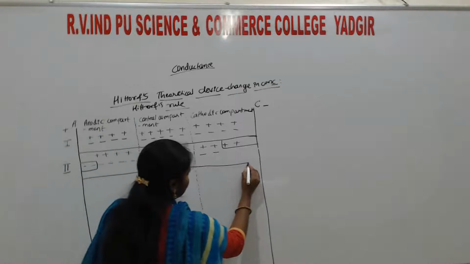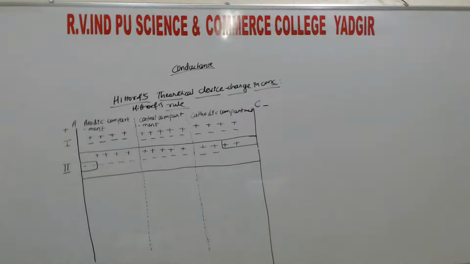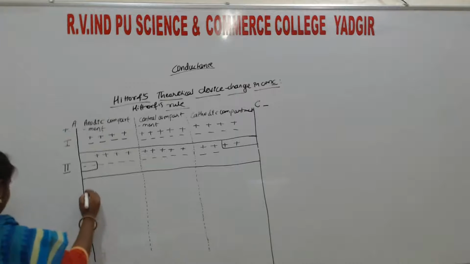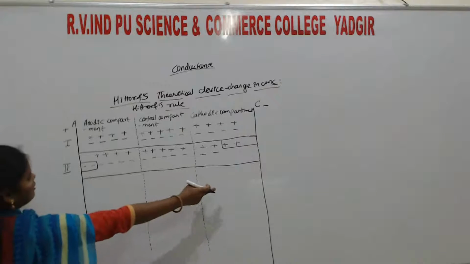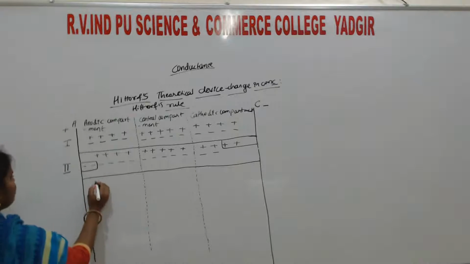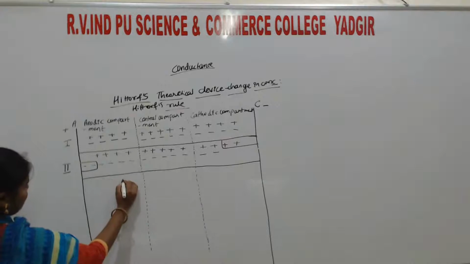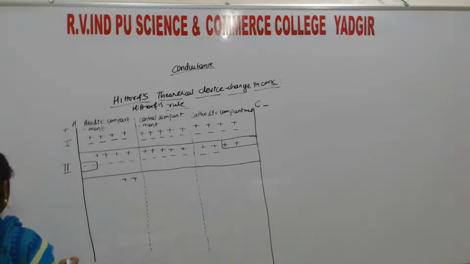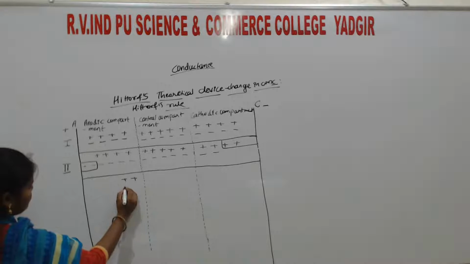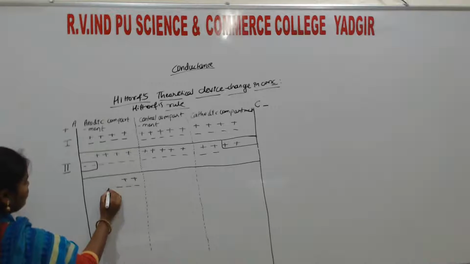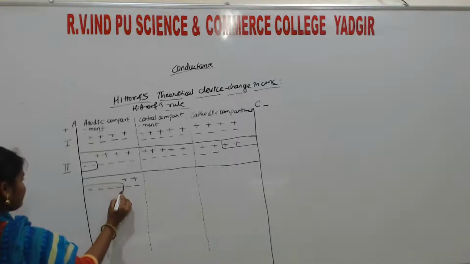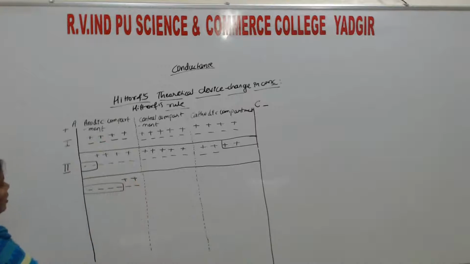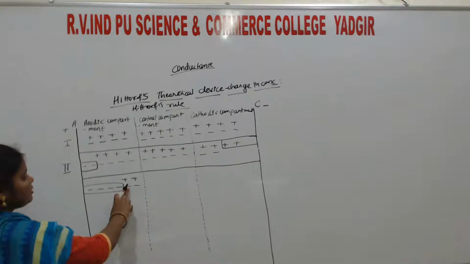Then draw a solid straight line. Next, the two cations go into the cathodic compartment. Here only 2 cations and 6 anions. Only 2 pairs, one positive and one negative, are present.